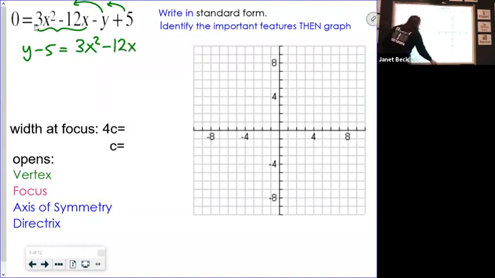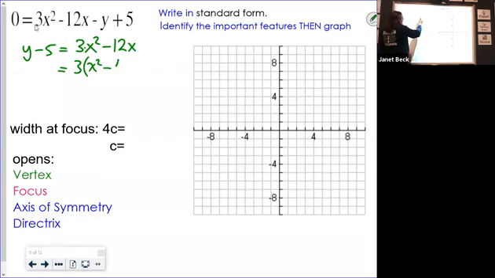And now I'm going to have to complete the square. At the moment, this is not ready to complete the square. I hope you remember from yesterday, you can only complete the square when there is no coefficient in front of your squared term. So the first thing I'm going to have to do here is factor out that 3.